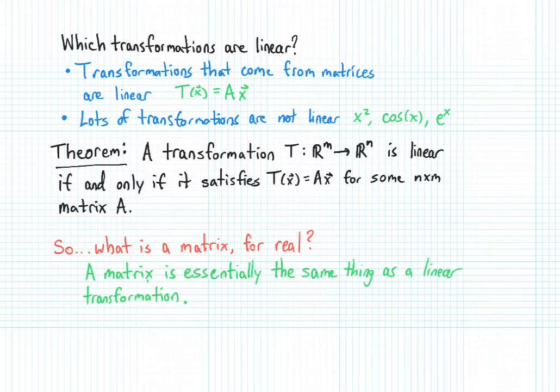And so while it could be useful to keep the notation distinct, so we will still write T of x is equal to A times x, and we'll technically view T and A as being two different types of things, there's a dictionary between linear transformations and matrices, and that dictionary is flawless. There is nothing lost in translation.